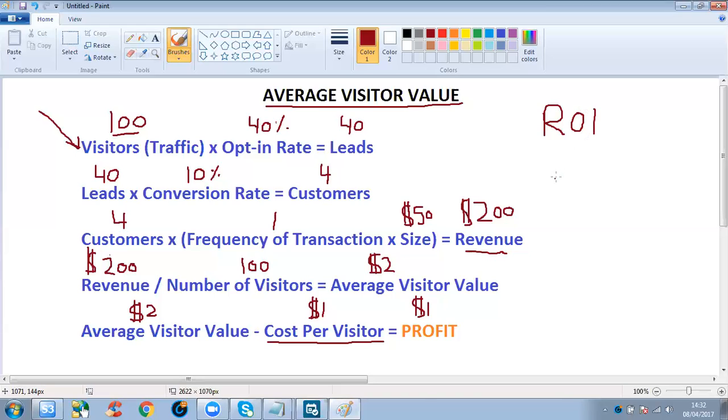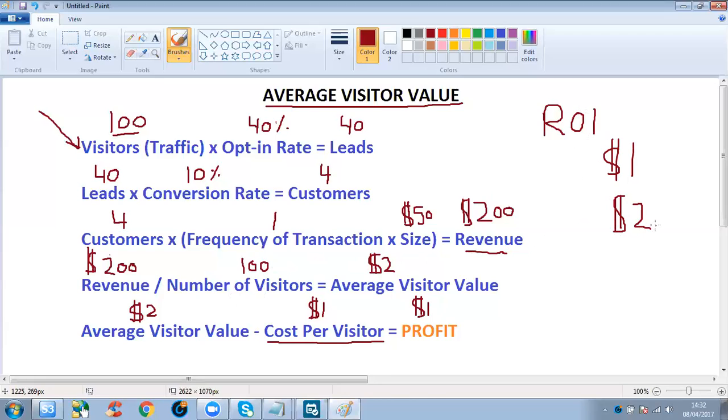So we talk about it in percentage terms. In this case, we're putting in $1 in advertising and we're getting $2 back, which is a $1 profit per visitor. So it's very important to keep track of your ROI, your return on investment, especially when you're doing paid advertising, but also when you're doing any kind of advertising.